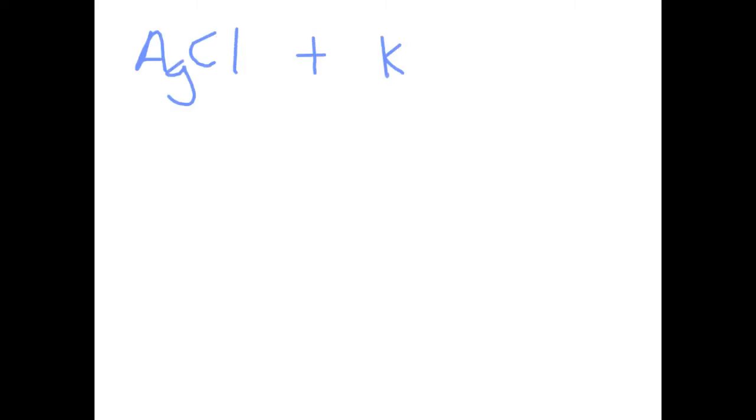The first reaction, we have silver chloride plus potassium nitrate. What did you guys find? Is silver chloride soluble or insoluble? So these are the products of that reaction. Are they soluble or insoluble?